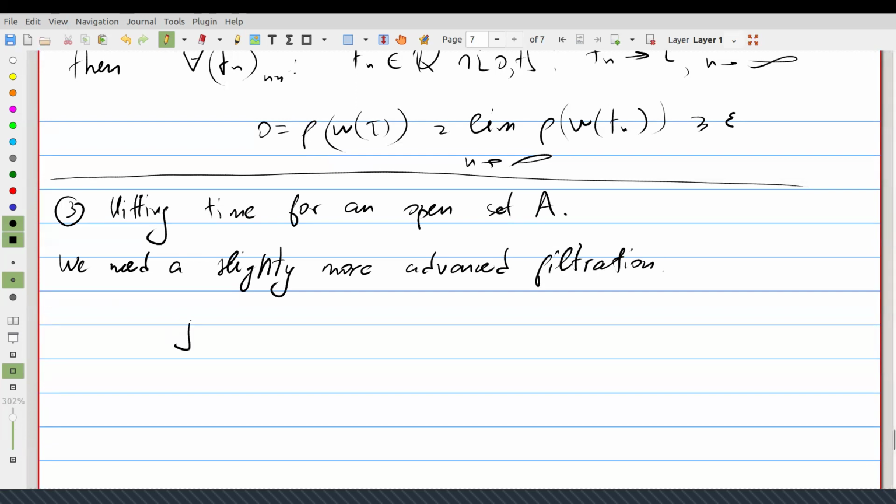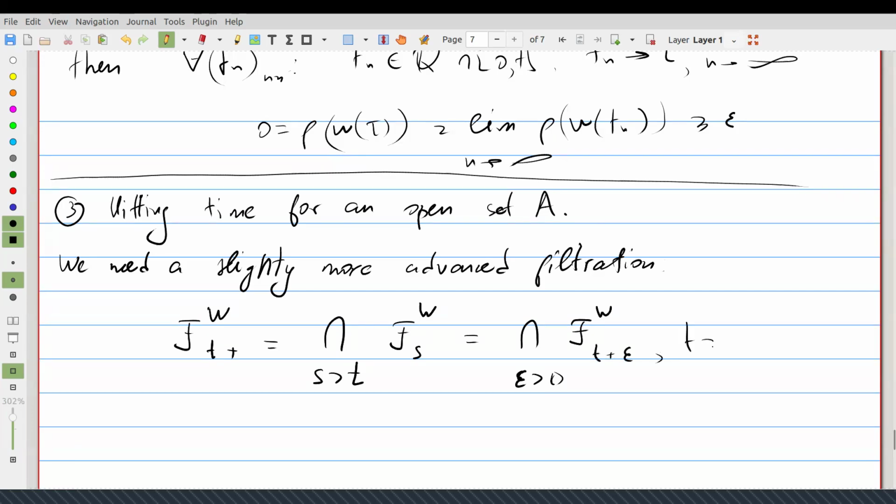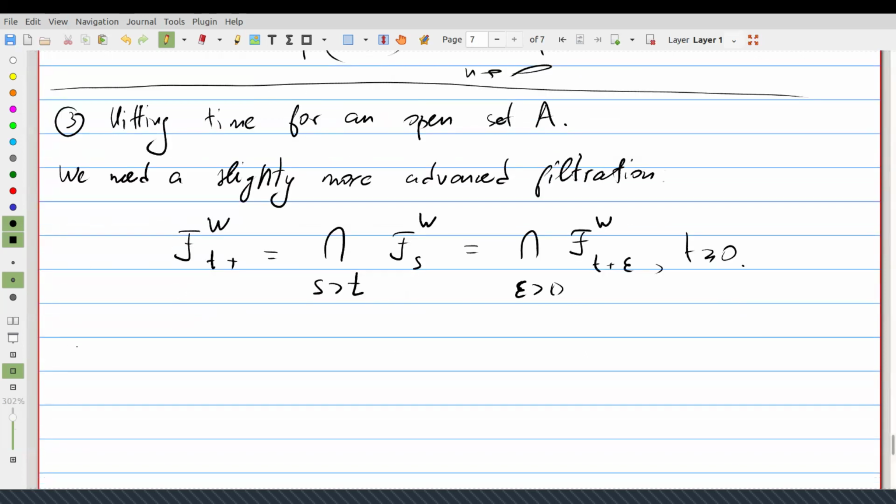More precisely, we will define F_{t+}, or alternatively, we can write the intersection over epsilon of F(t + epsilon) for any t. This is a so-called right continuous filtration in the following sense.